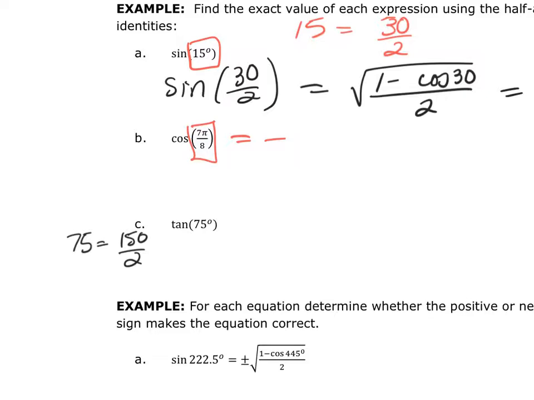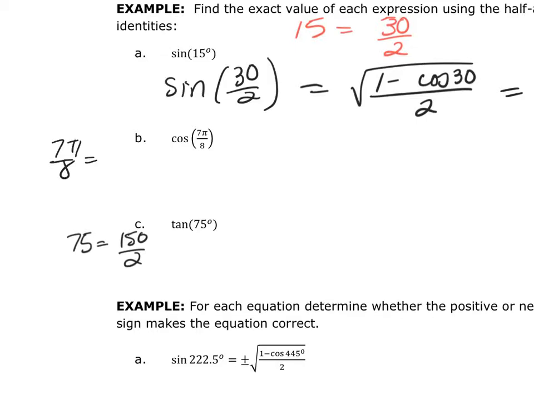How do you think I'm going to do the 7 pi over 8? First of all, how am I going from 75 to 150 divided by 2? What am I doing to the 75? I'm multiplying the numerator by 2, right? So if I have 7 pi over 8, what do you think this is going to be equal to?